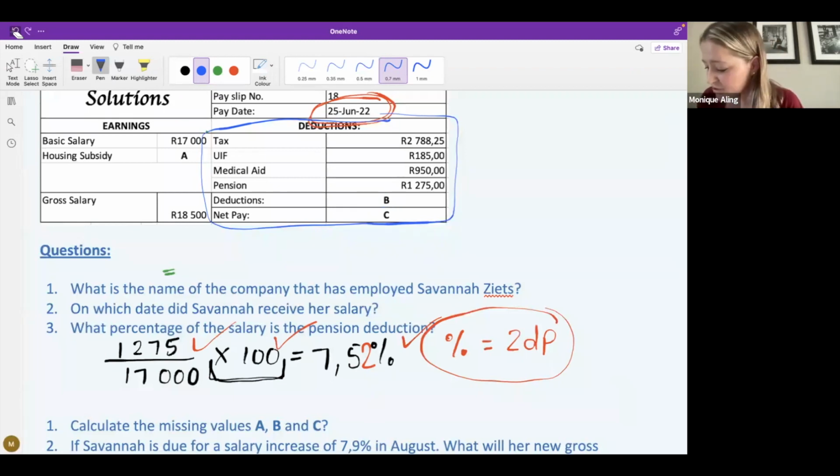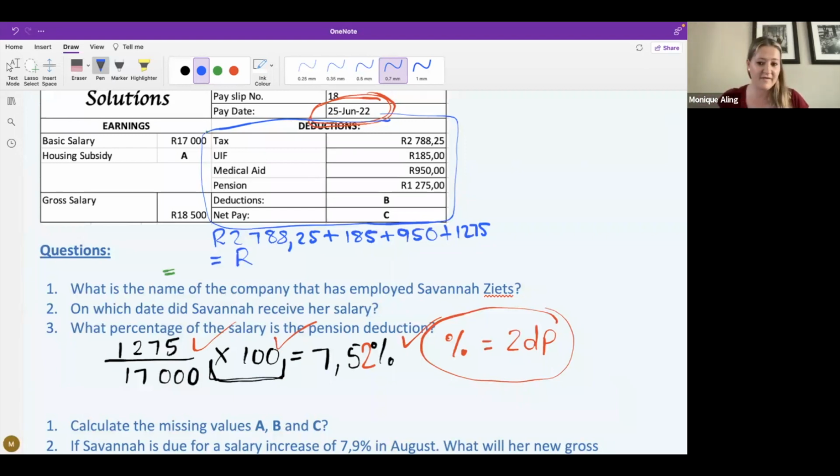If it's in a test, you're going to write everything out. 2,788.25 plus 185 plus 950 plus the 1,275, and it gives you an answer of, just want to check, 5,198.25. Good, well done, Asanda, you got that right. Any questions there?